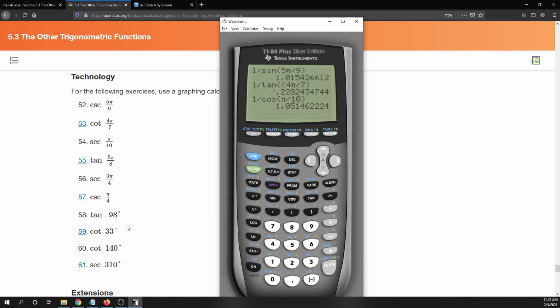It's the same thing up here: cotangent is 1 divided by the tangent of 33 degrees. So same way, you just have to make sure that you are in the correct mode. All right, and that is it for this one.